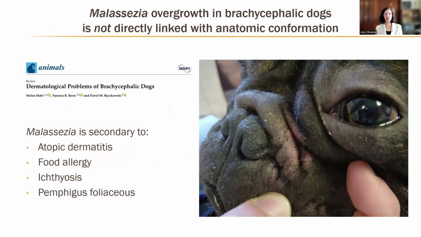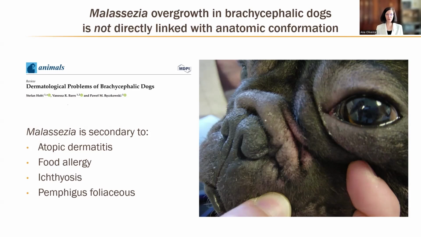Now, there is a more recent publication on dermatological problems of brachycephalic dogs. And they have found that when the Malassezia is on the fold, it tends to be secondary to the fact that the patient has atopic dermatitis or food allergies, or less likely ichthyosis or pemphigus foliaceus.